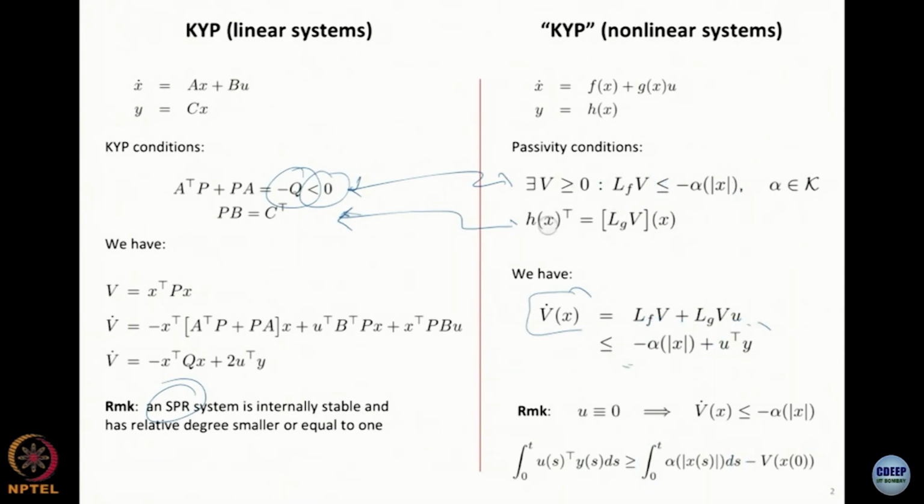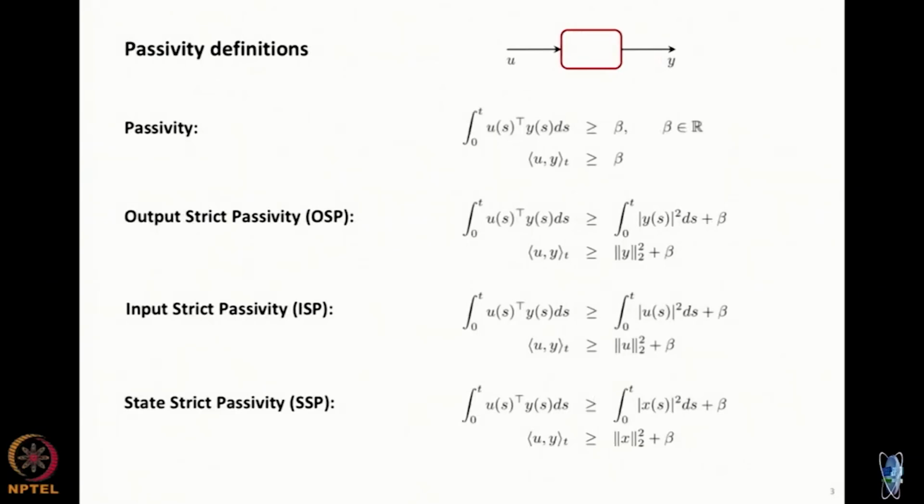And that's what we want to work on, to use passivity to design controllers. This is just a reminder of passivity, basically what we saw in the previous slides with different notation. To confuse you a little bit, I already mentioned that this integral is known as inner product, which can also be written in compact form like this.